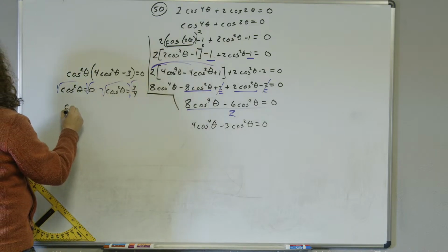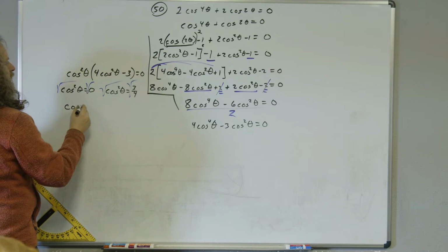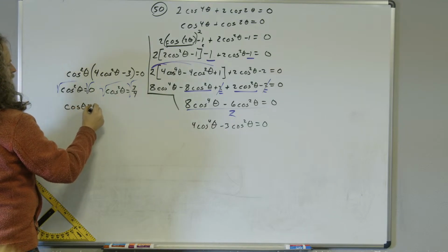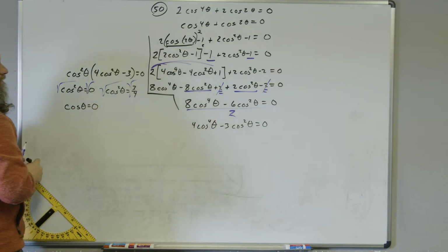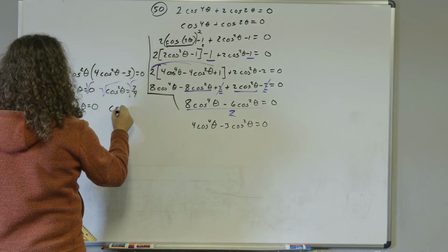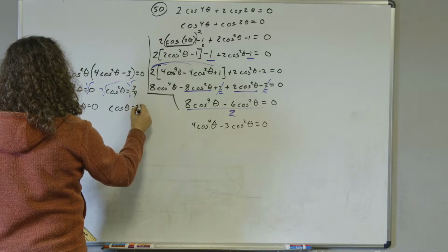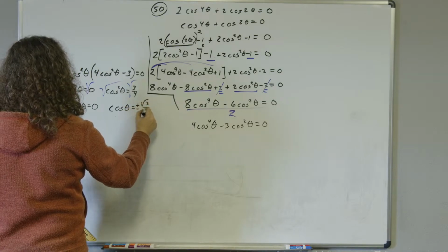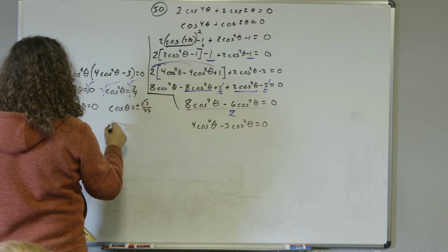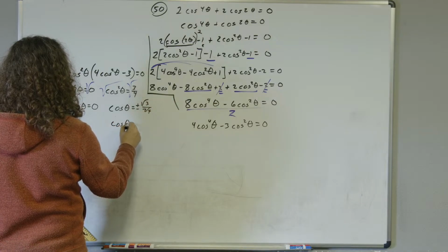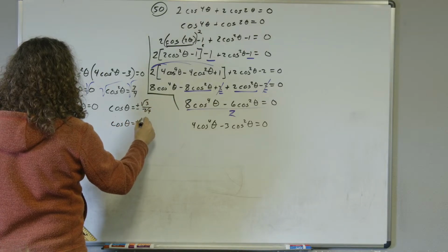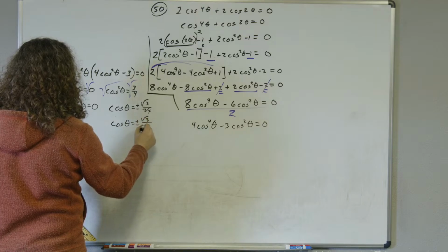So the cosine of theta equals plus or minus 0, which is 0. And the cosine of theta equals plus or minus square root of 3 over the square root of 4, which is cosine of theta equals plus or minus square root of 3 over 2.